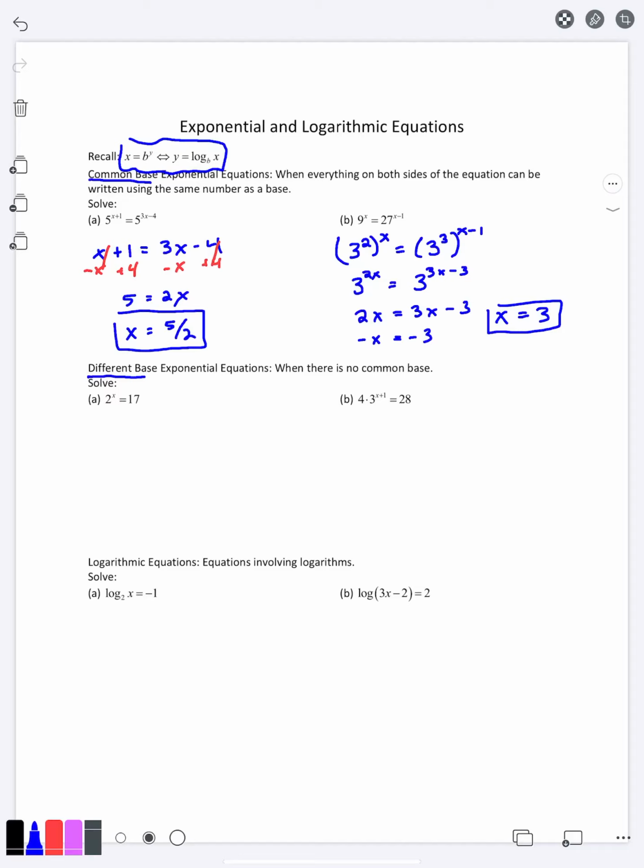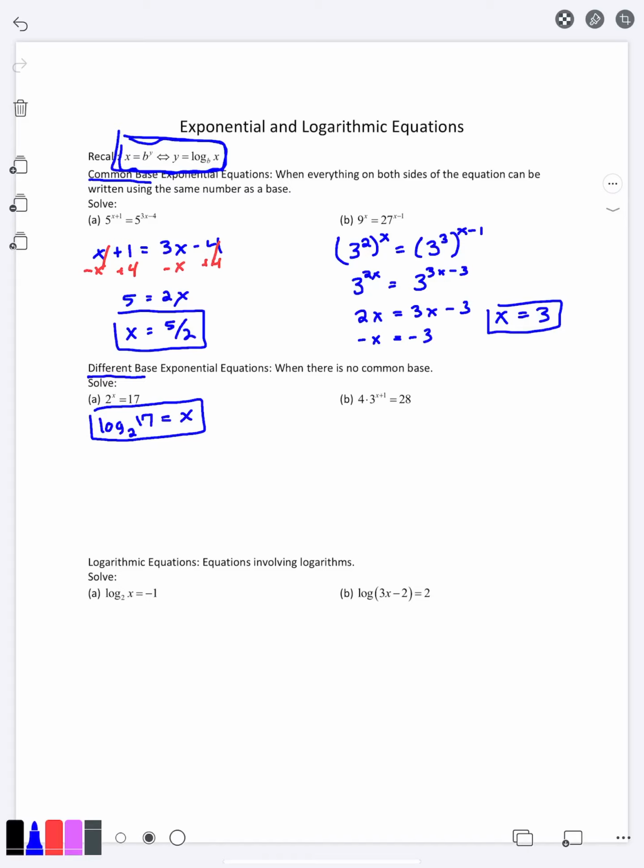If it's already in this nice format where you have a number to the x equals another number, you can just go straight to writing down logarithms. So remember, based on this rule up here, if you have 2 to the x equals 17, that means that log base 2 of 17 equals the exponent x. Although this looks weird, that in fact is the answer. You've solved for x, you found the value.